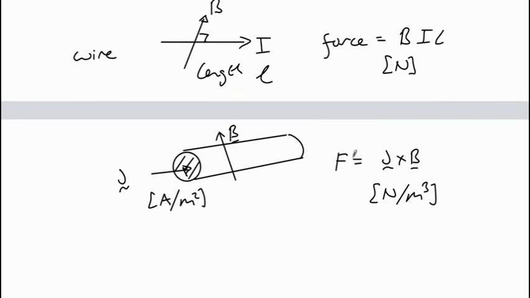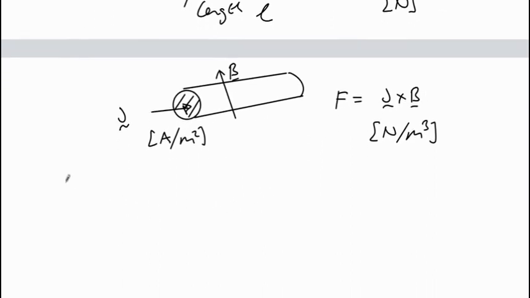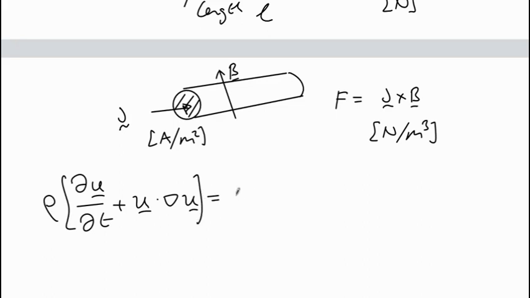So the momentum equation just becomes rho times du by dt plus u dot grad u, equals minus grad p, plus J cross B. That's essentially the modification. This is the ideal MHD equations.